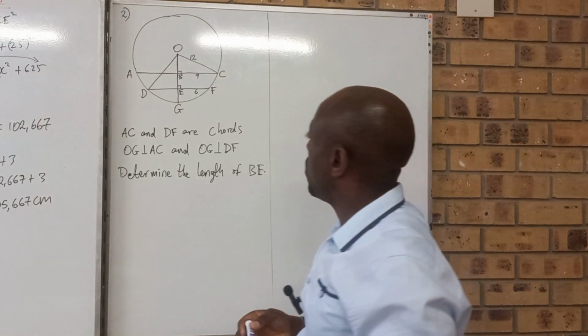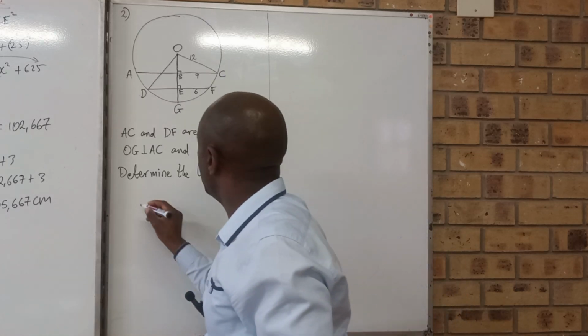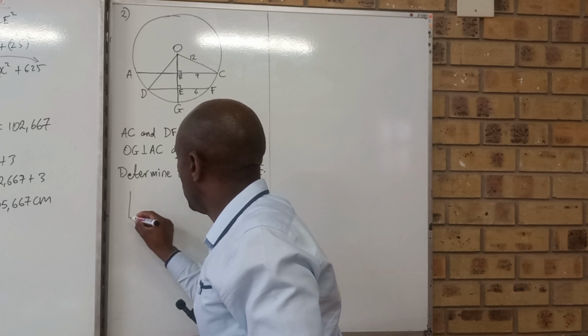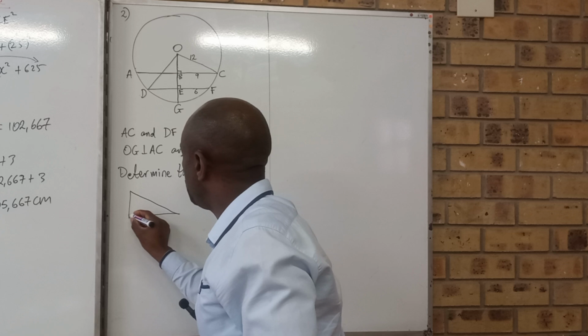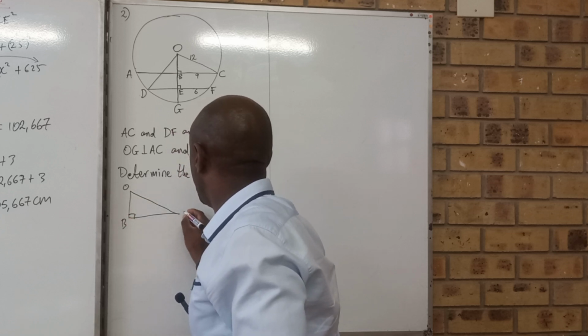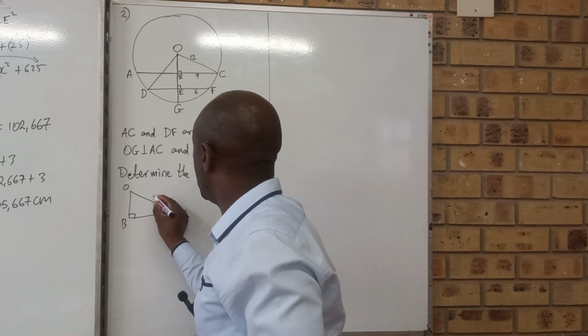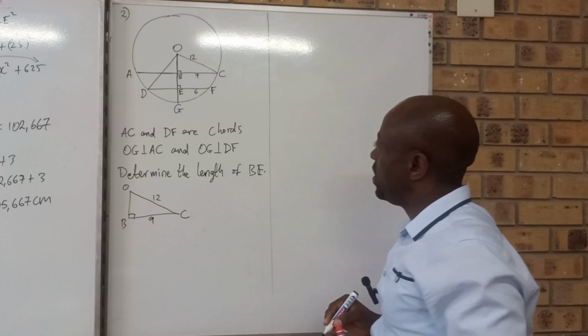So I would like to start with OBC, since I already know 12 and 9 in that triangle, so I'll extract it from my original diagram. So that is my OBC. So this is 12, this is 9 for my OBC.